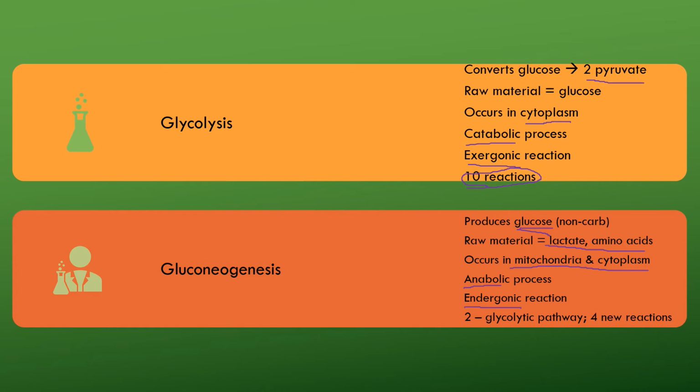Remember those 10 enzymes that are needed in order to keep breaking down and removing those phosphate groups. And then we have 2 glycolytic pathways with 4 new reactions.